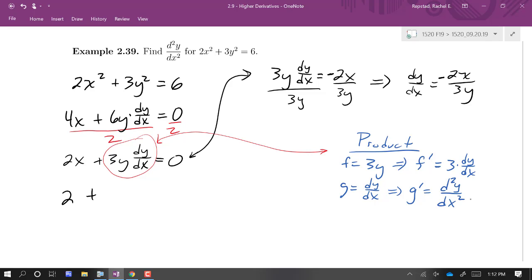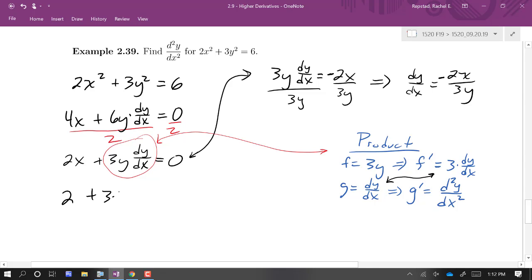So, in the same light, where there was one product, this was a 3y, but if f was just y and I said what's f prime, you would say dy/dx, because the derivative of y is dy/dx, right? So in that same spirit, if g is dy/dx, its derivative is the second derivative of y with respect to x. So let's put this together. g times f prime: I'm going to multiply these two together.